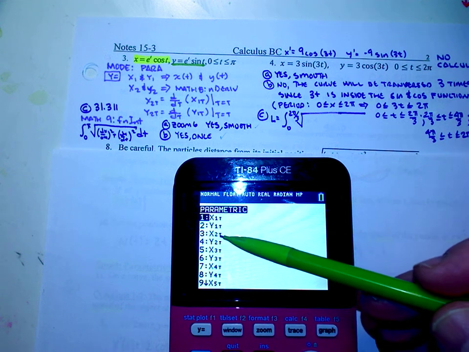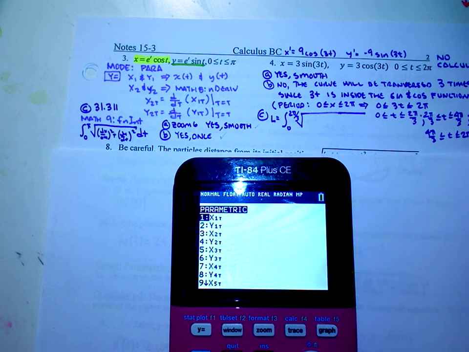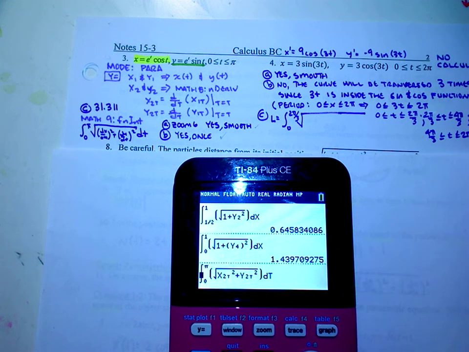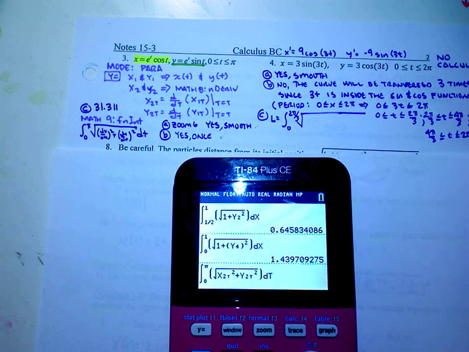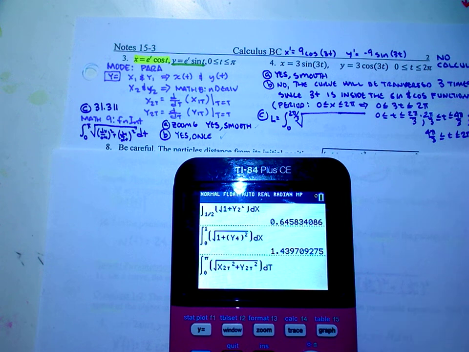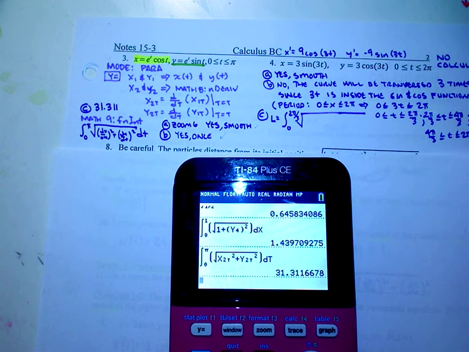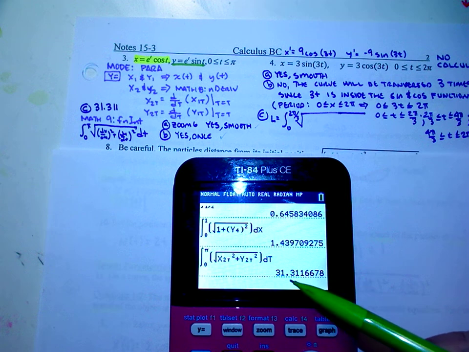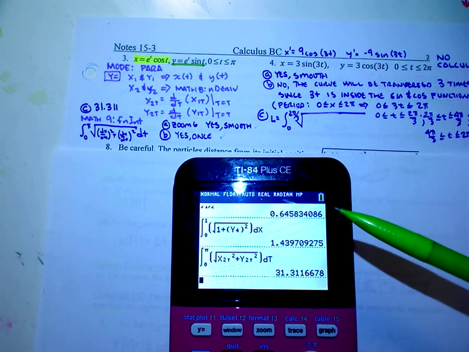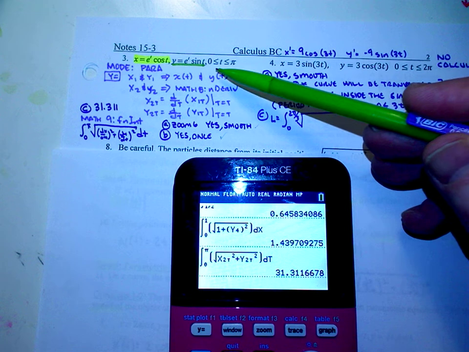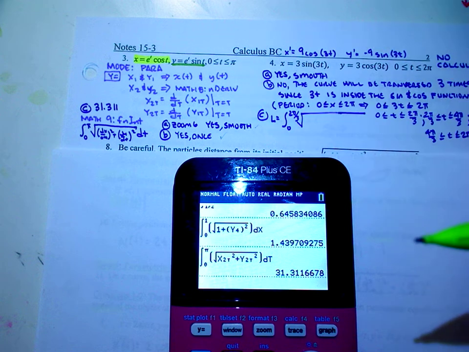Since we're looking at the derivatives, my derivatives are in x2 and y2, so that's why you see the x2 and the y2 being squared underneath the radical. The calculator is going to do the rest. All I have to do is press enter, and you'll see we get a value of 31.311 as the length of that arc from 0 to pi.